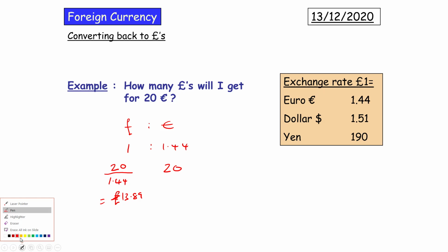Let me just tidy that up. Yeah, red pen. There we are. So 13.89 pounds is equivalent to 20 euros. Again, hit pause, make some notes. When you're ready, hit play again.